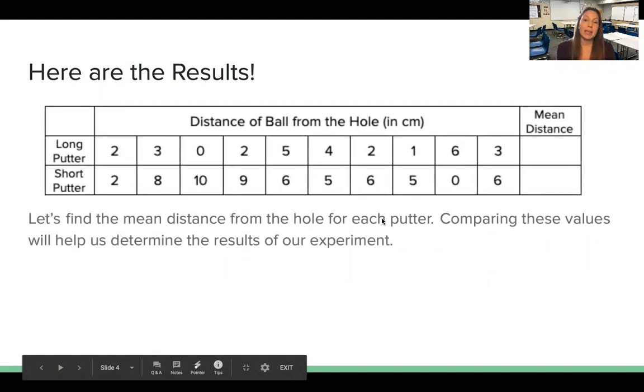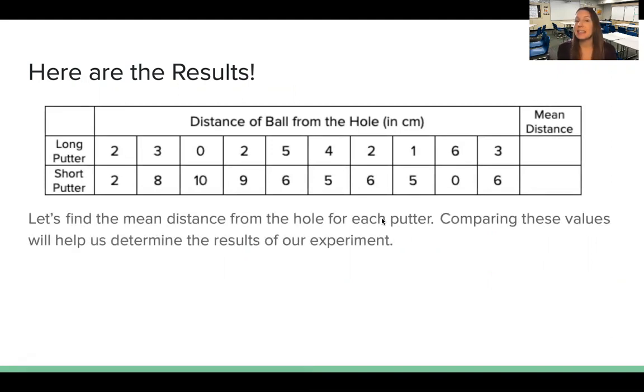We're going to compare these values by finding the average for each putter, and then we'll find the difference. The average for the long putter was 2.8. The average for the short putter was 5.7, and the difference in those means was 2.9 centimeters.